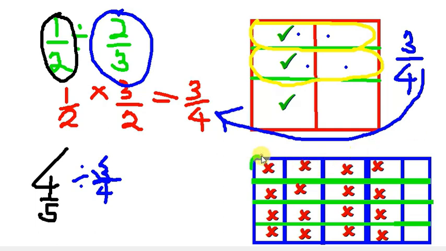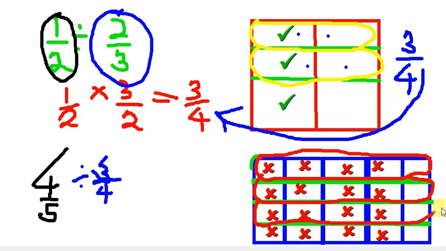So this is the first region to be circled, second region to be circled, third region to be circled. And remember, the numerator is 3, so we need only 3 regions.